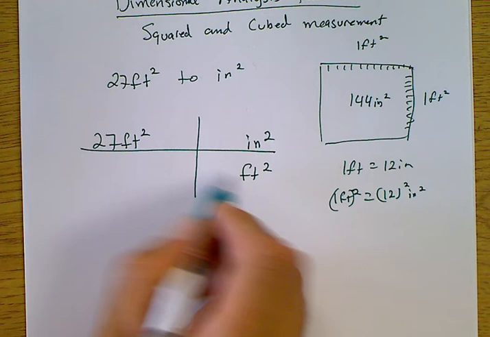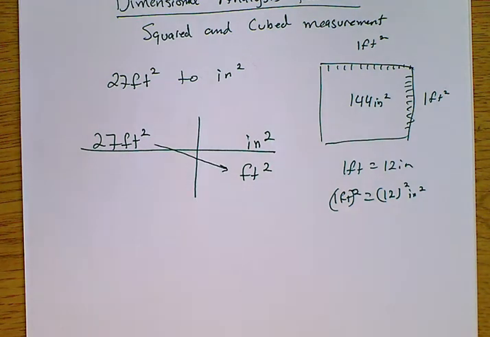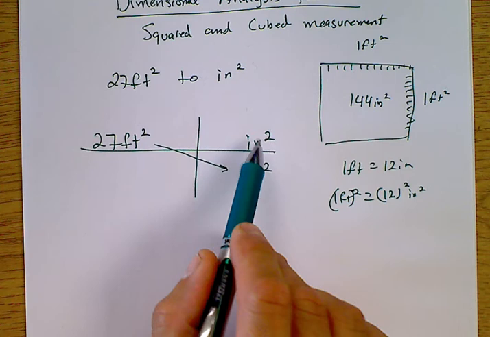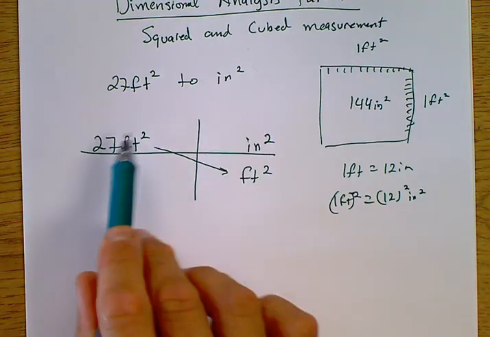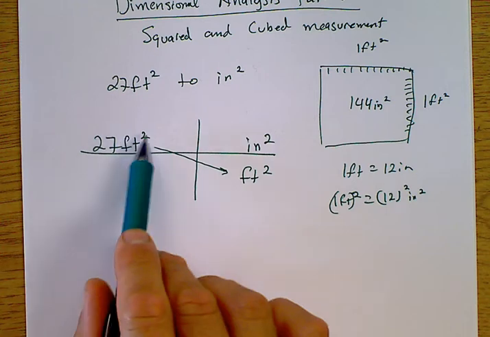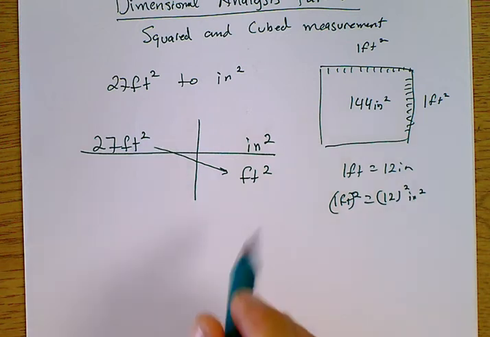Remember, you're always going to move these diagonally. You're going to move down the units diagonally just like that. So on the top, I got the place where I'm ending, and in the beginning, I got my start point, and then I'm able to move from here to here because I know how many inches are in a foot. And so now what do I do? Well, I'm just going to throw my normal conversion in here.